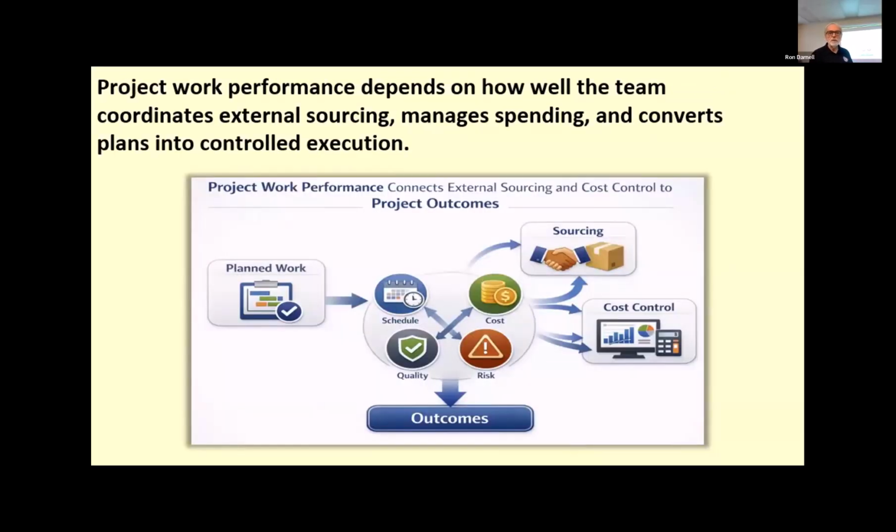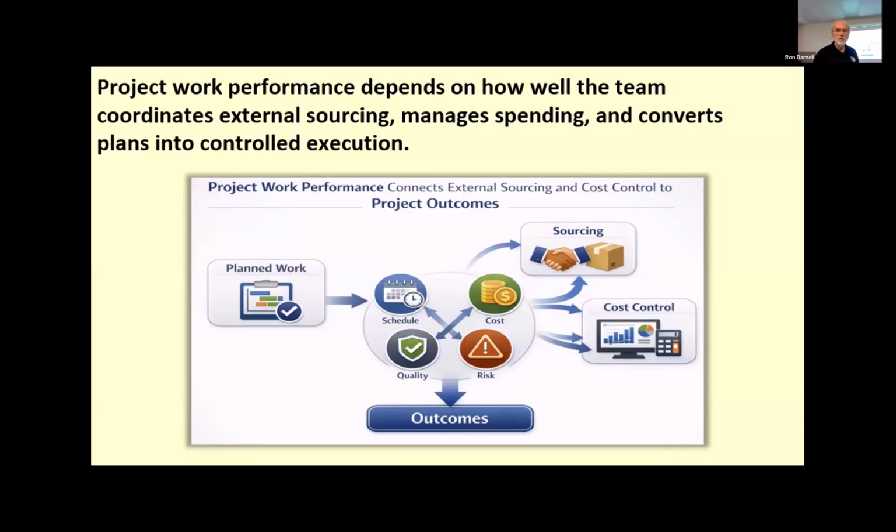Project work performance connects external sourcing and cost control to project outcomes. Project work performance depends on how well the team coordinates external sourcing, manages spending, and converts plans to controlled execution. We're going to move deeper this week into the project performance domain by looking at those 2 areas and how they influence execution, and how we keep execution under control.